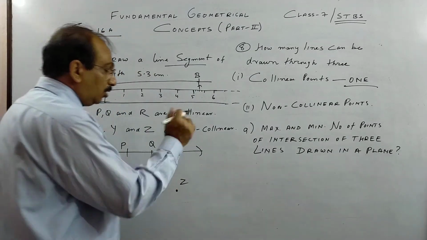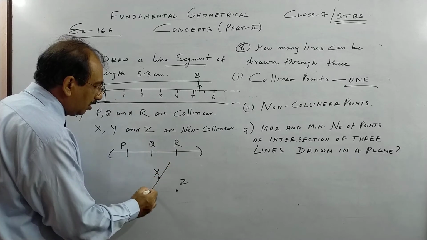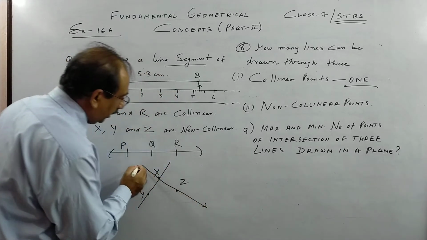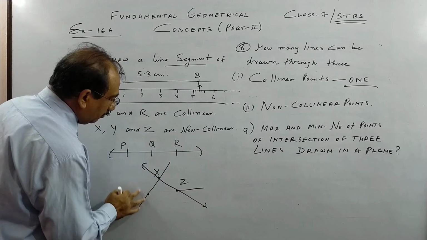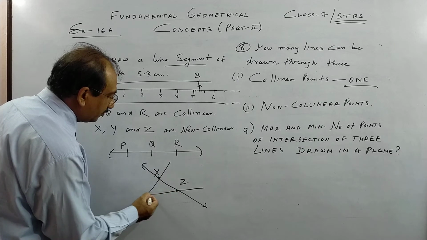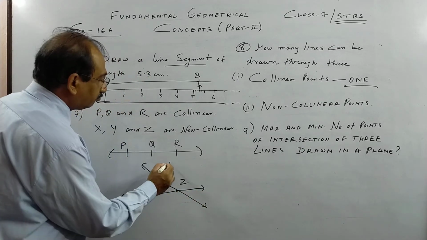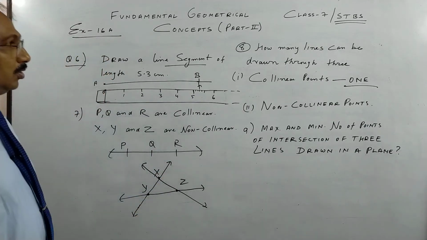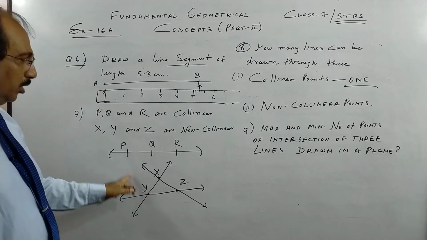But non-collinear points, if you have 3, how many lines can you draw? So see here, one line joining X, Y, one line joining X, Z, and one line joining Y, Z. I think in my previous video I have shown you this figure. So how many lines can be drawn through 3 collinear points?